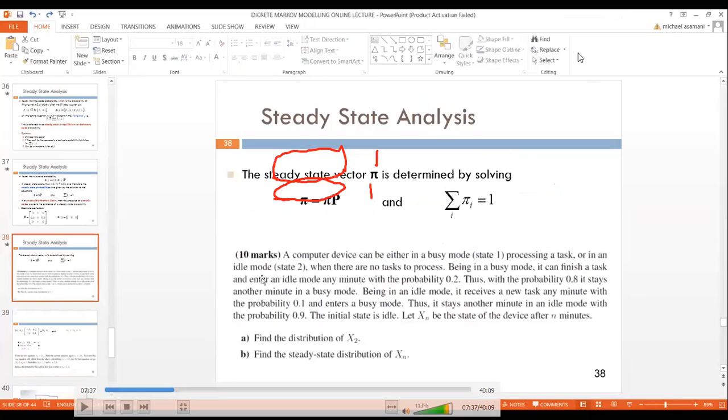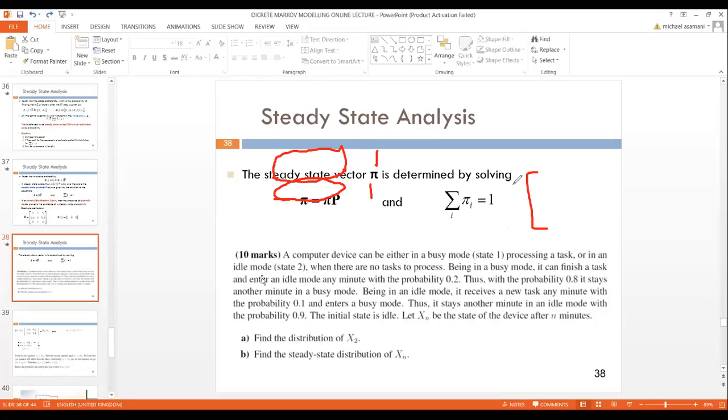So let's say state 1 and state 2. 1 is busy mode, 2 is idle mode. So being in a busy mode, it can finish a task and enter an idle mode at any moment with a probability of 0.2. So this will be 0.8 here.